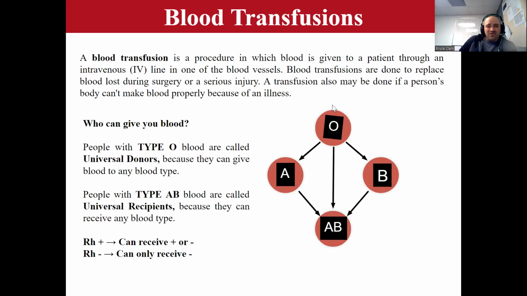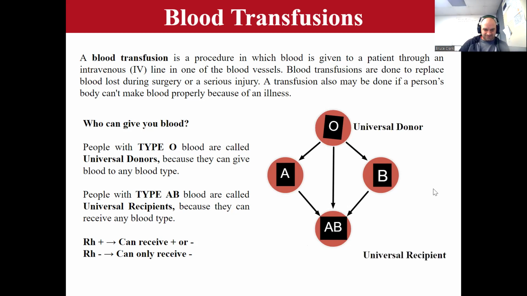If you have type O, we can give your blood to anybody because there's no markers to identify them on the outside. Think of it like we're playing basketball again, and somebody doesn't have a jersey on yet. They can be on any team. If you're type A, you can receive type A blood. If you're type B, you can receive type B blood. And if you're type AB, you can receive any blood type because you have all the uniforms on. Kind of an interesting bit there.